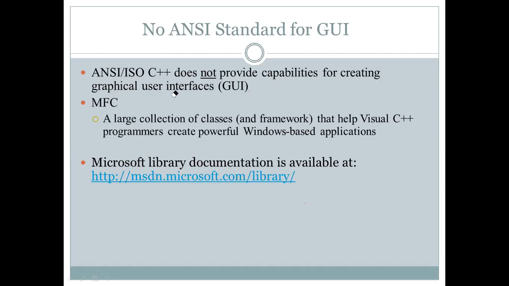So that is the reason we introduced MFC in Visual C++, which is a large collection of classes and framework, which will be helpful for creating powerful Windows-based applications. Fine. Okay. Is it clear? Okay. So let's move on.